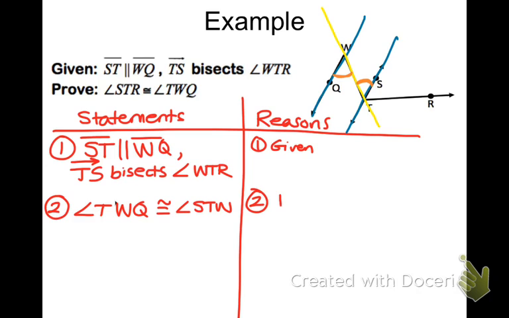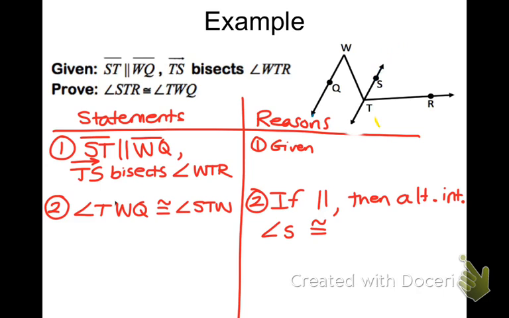If. Well, start with if parallel. They're not exterior, because they're in between the two lines. Alternate interior. So alt int angles congruent. Okay. So now we got those.